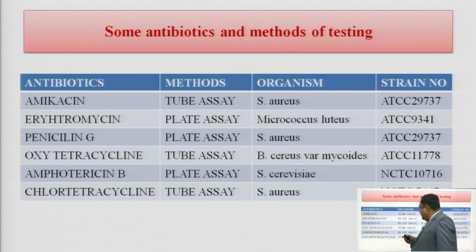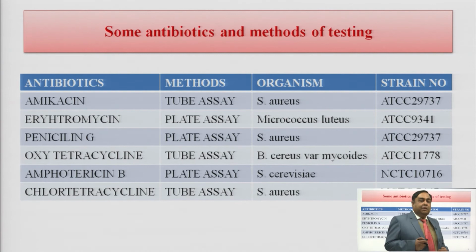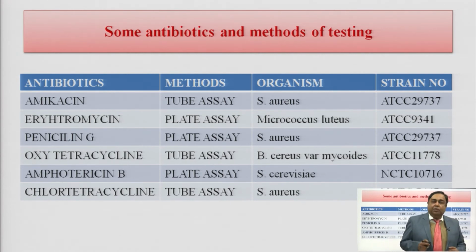Similarly, chlortetracycline can be assayed by this tube assay technique with the help of organism Staphylococcus aureus NCTC 7447.